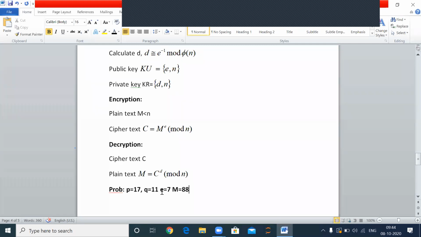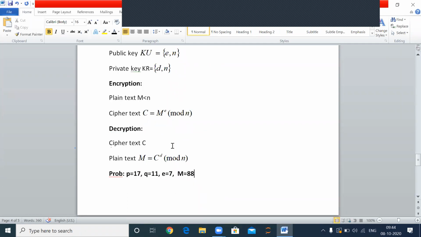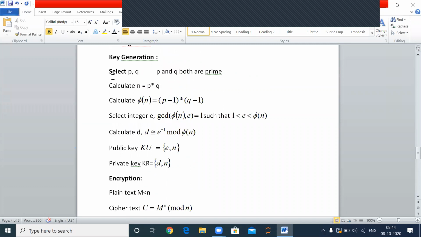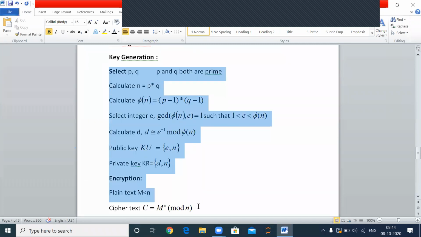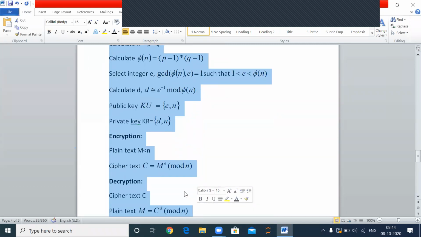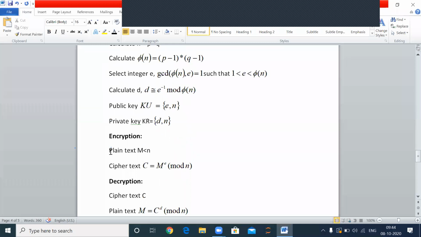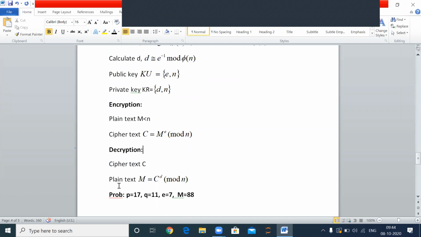We perform encryption and decryption using the RSA algorithm. We follow the RSA algorithm steps, the key generation process. To perform the encryption, this is the formula we have to use. To perform the decryption, this is the formula we have to use.